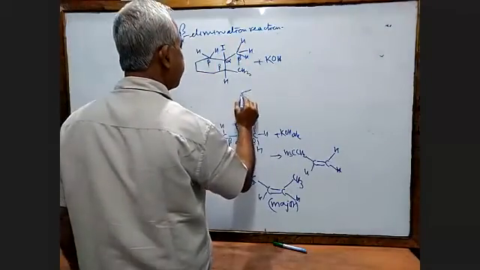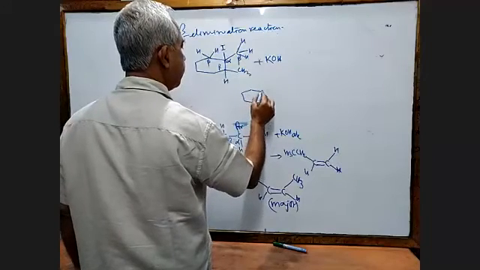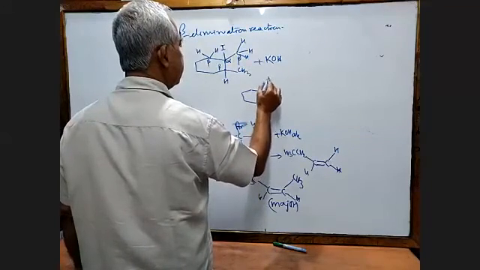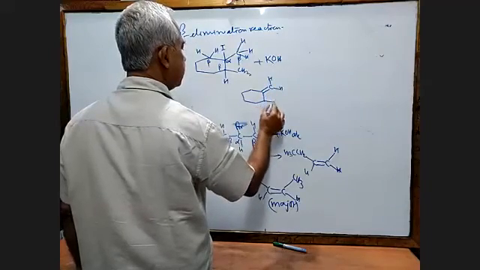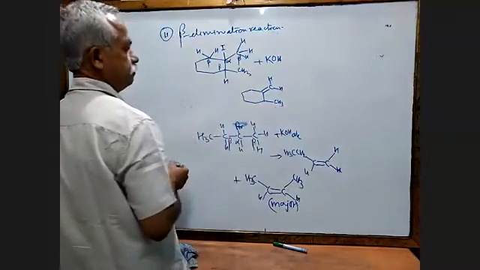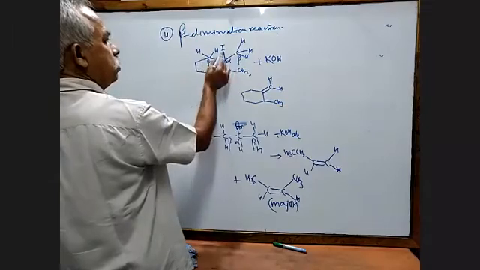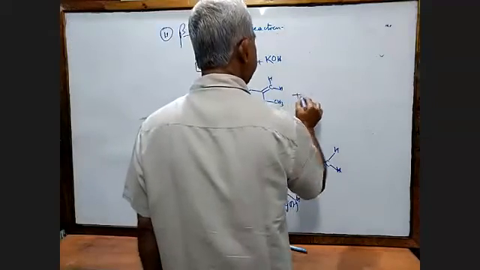What will I get now here? I'll get CH, H, CH. This and this can go. So what will I get now here?